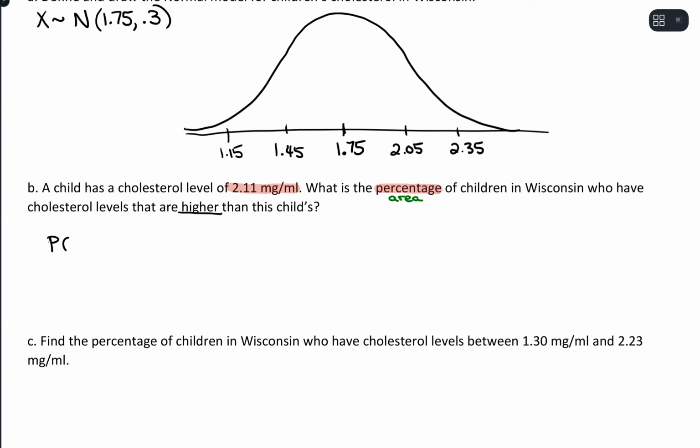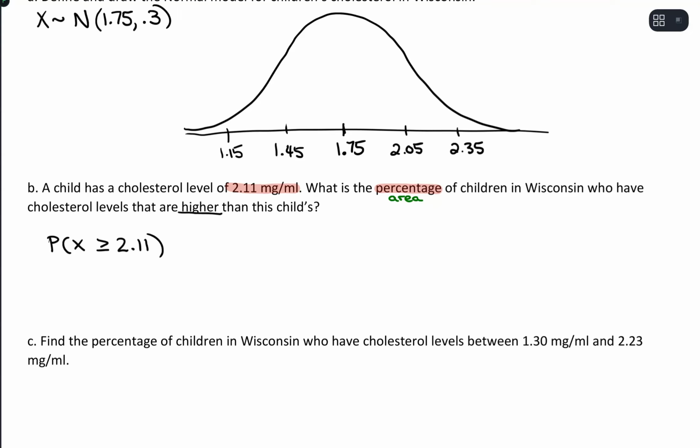So we're looking for the probability that X is more than or equal to 2.11. Again, even though it's strictly saying higher than, really we can just think of it as higher than or equal to, because the difference between being more than 2.11 on a number line versus being at 2.11, there isn't a difference in the probability. So we can just assume we have equals there.